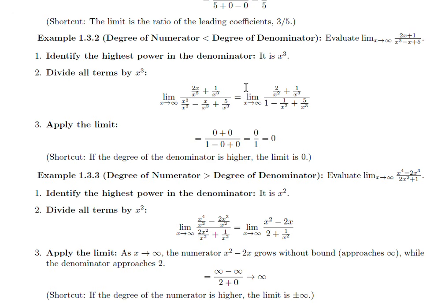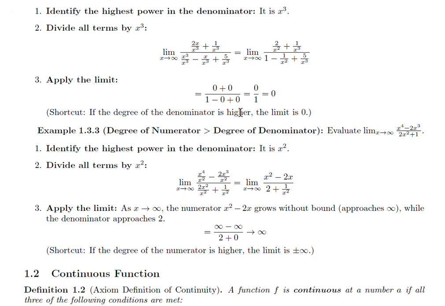What we don't want is something over 0, but in this case we have 0 over 1. 0 over 1 is 0, which is defined, and so we're saying this function, 2x plus 1 over x cubed minus x plus 5, will approach 0 as x approaches infinity.